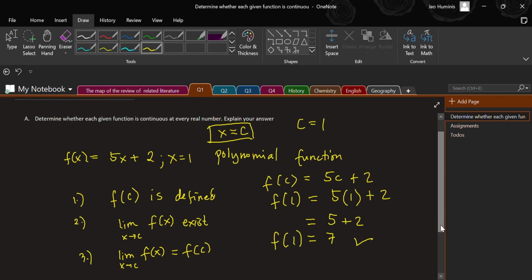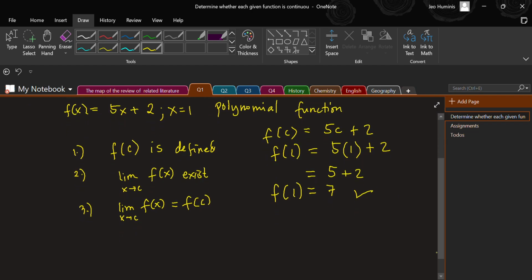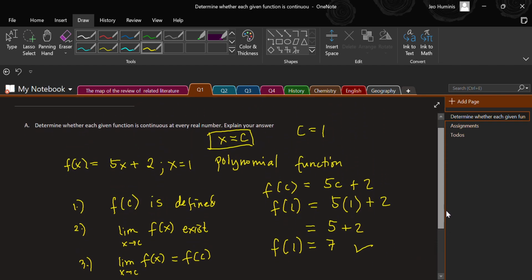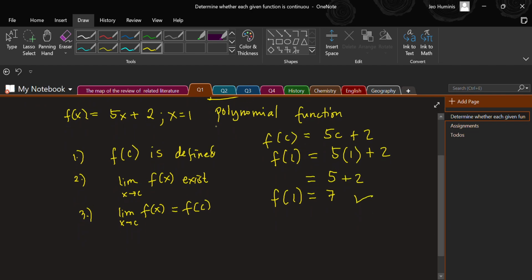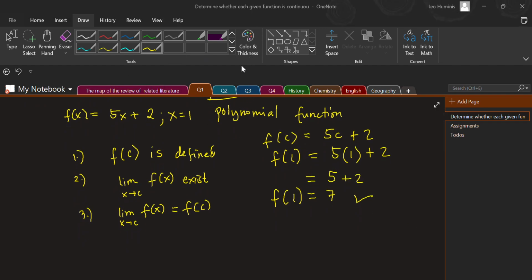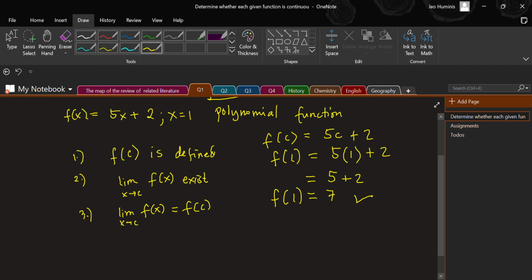Next property is the limit of f of x exists. So first and foremost, we have to identify the one-sided limits, the limit from the right hand side and the limit from the left hand side.